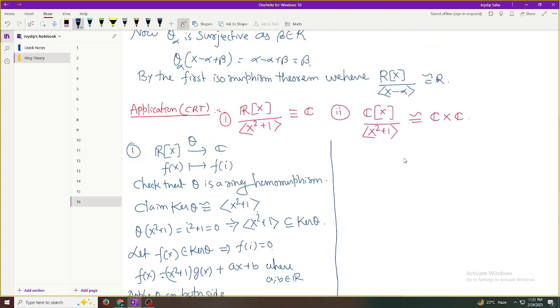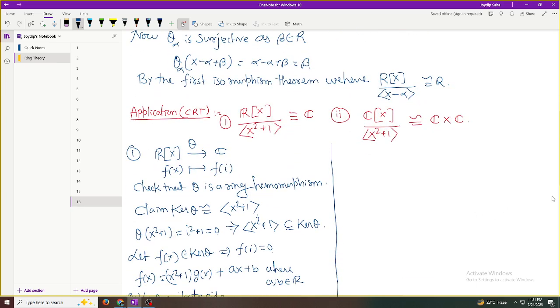Now go to here. In C[x] you can factorize this x square plus 1, you can write it as (x plus i)(x minus i). You cannot factorize here in R[x], but you can factorize here, x minus i, in C[x].